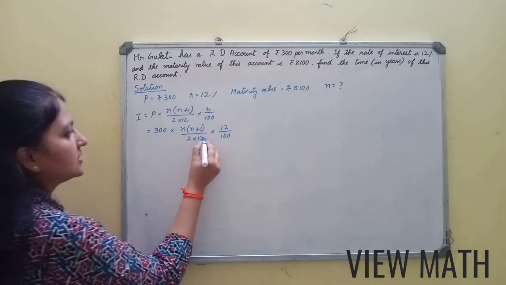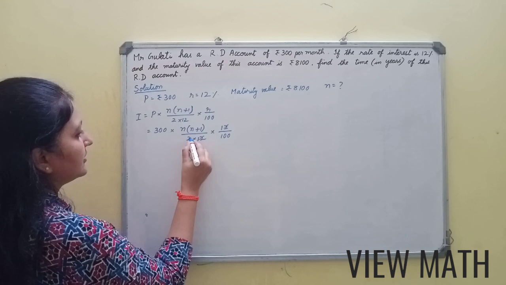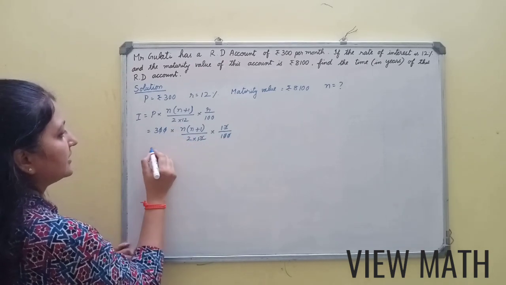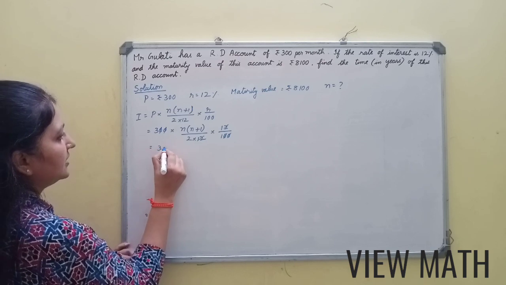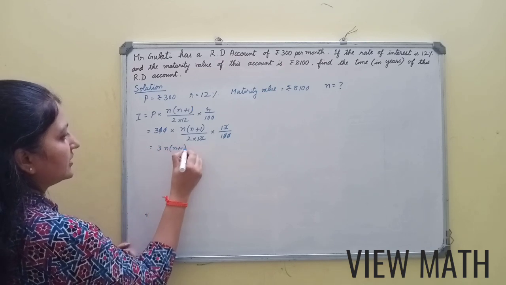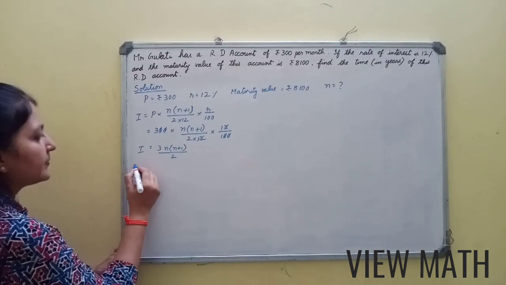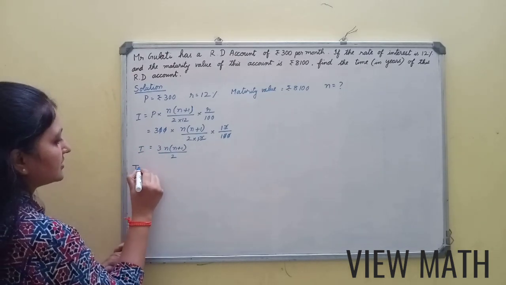Let me simplify. 12 gets cancelled. Again 100 will get cancelled. 3 by 2. So 3n into n plus 1 by 2. This is your interest. Next, total sum deposited.